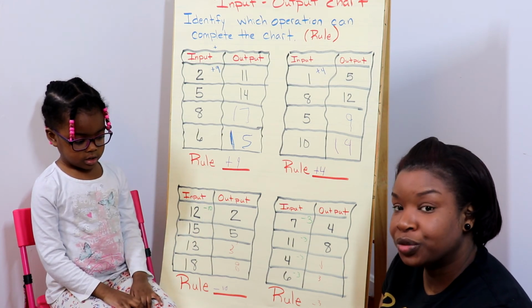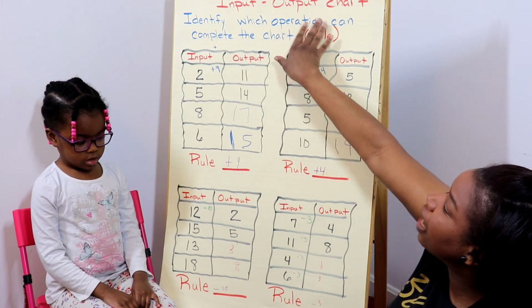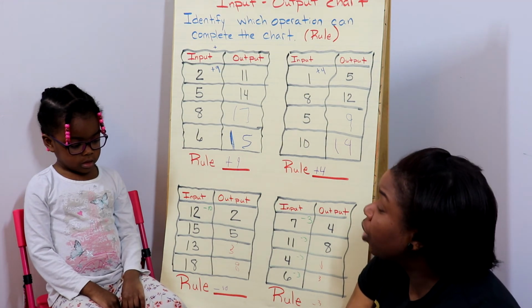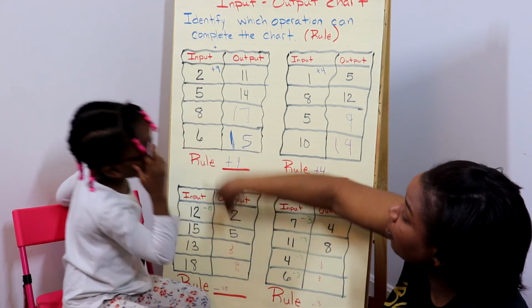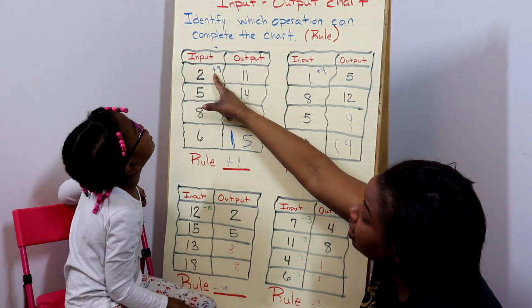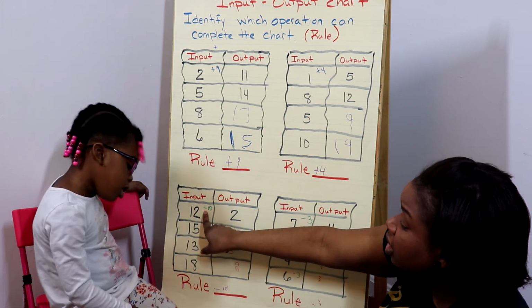Now, I hope you all at home have a clear understanding of how input and output charts work. Remember, the first thing you do is identify which operation can complete the chart. So, Jessica, today, what operations are we working with? The plus means adding, and the minus means taking away, or subtraction.